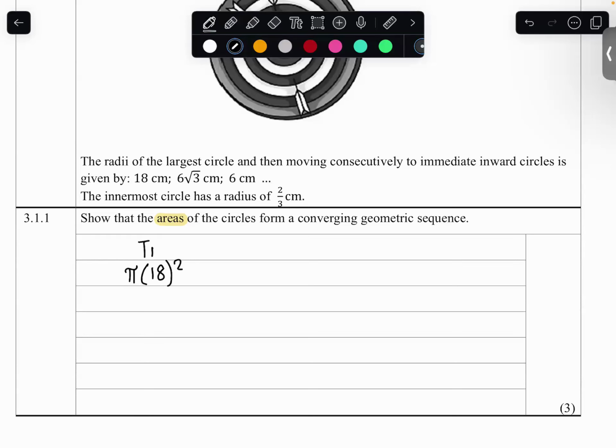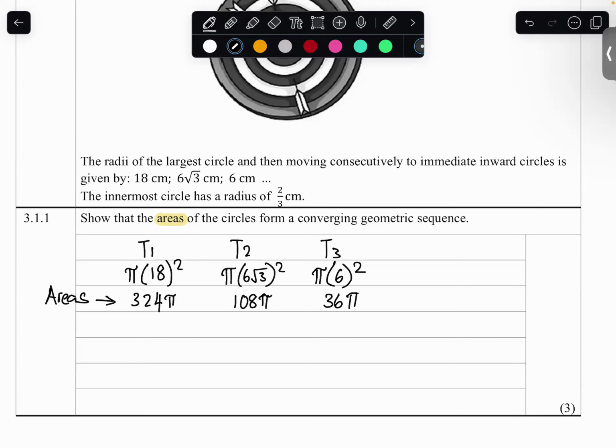The second circle's area is pi r squared, but the radius of the second circle is 6 root 3, all squared. And the third circle is pi r squared, but the radius there is 6 squared. So we need that sequence first. That gives me 324 pi, it gives me 108 pi, and it gives me 36 pi. So this is the sequence of the areas of the circles.